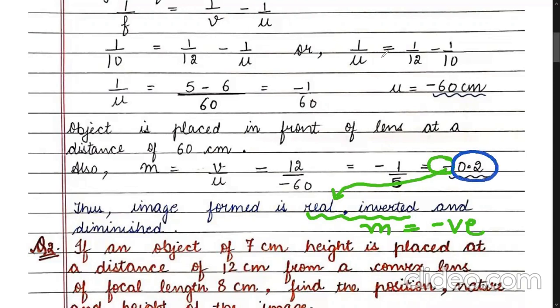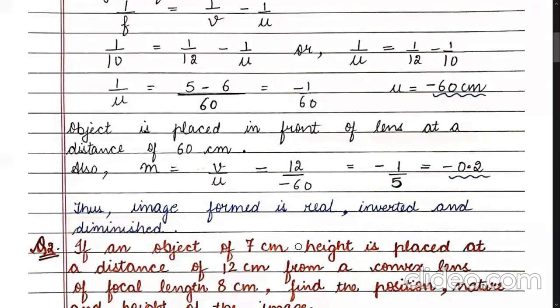It is 0.2, and 0.2 is less than 1, which means that the formed image is diminished. If the value of magnification is less than 1, it represents a diminished image.